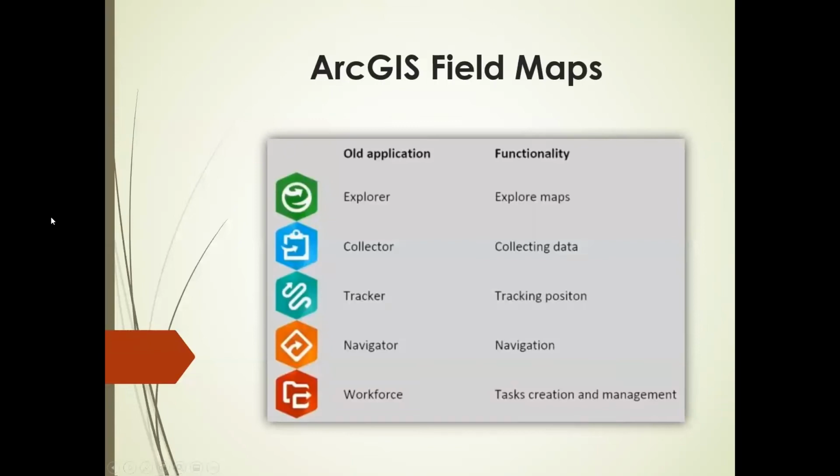Basically, as I mentioned before, this Field Maps application is built on the code for Collector. So it's going to look very similar to the Collector app. You may or may not have used any of these other applications. Probably not, but these are other mobile data collection applications made by the same company.